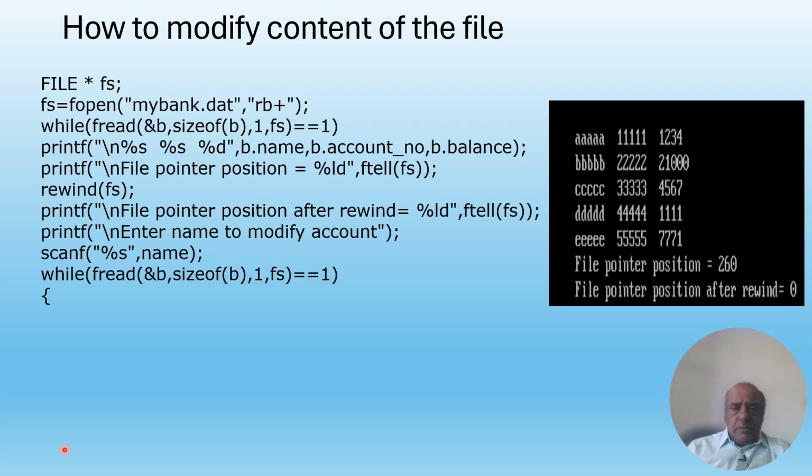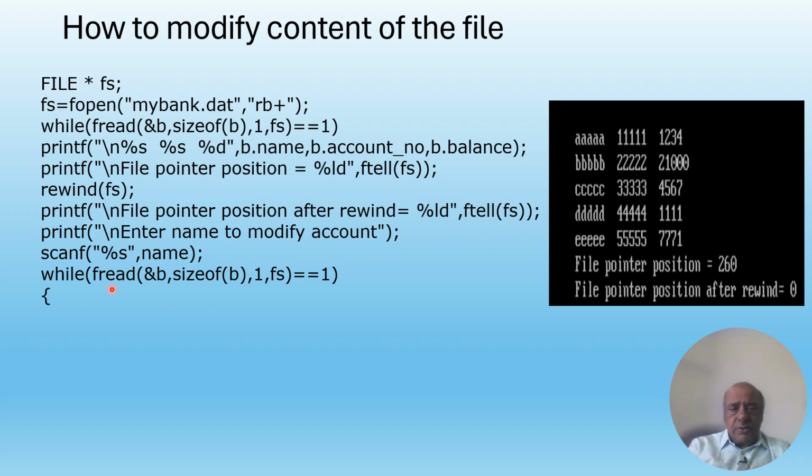Then what we need to do is, whatever is the name of the account that has been entered by the user, we have to locate that account in the file, and for this we use the function fread again after rewinding the file.